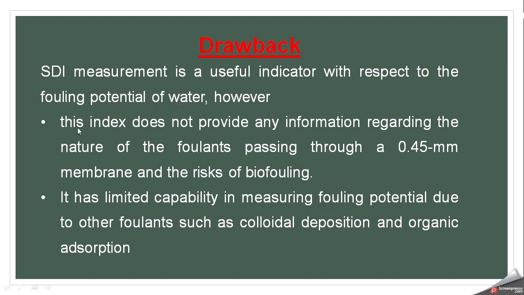However, this index does not provide any information regarding the nature of the foulants passing through a 0.45 micron membrane, the filter paper, or the risk of biofouling, and it has limited capability in measuring fouling potential due to other foulants such as colloidal deposition and organic adsorption.